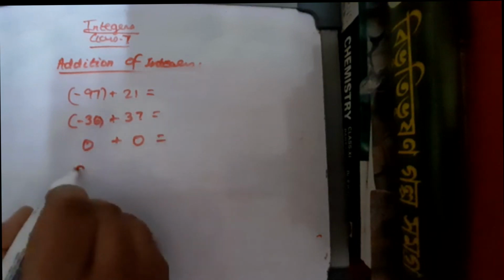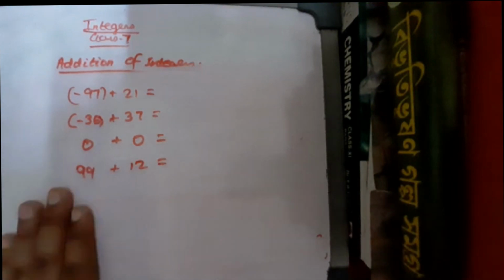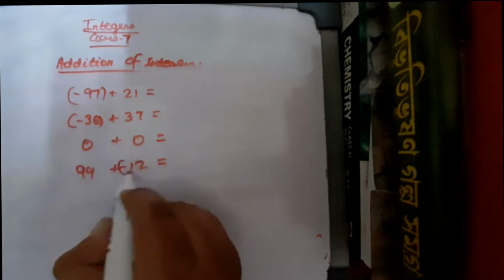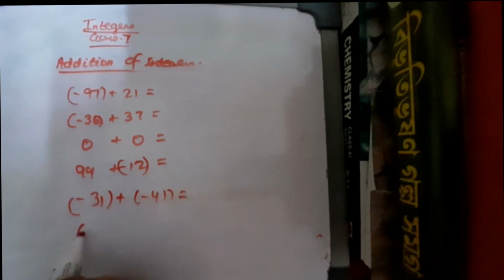Let's say I have to add 99 to minus 12. This is something which we have done in junior classes, so I just want to demonstrate what will happen if negative integers are involved. What will you do if you have to add minus 31 to minus 41? What will you have to do if you have to add minus 50 to minus 70?